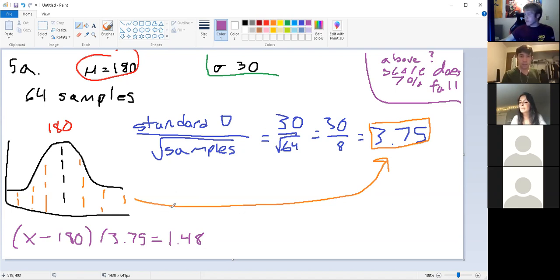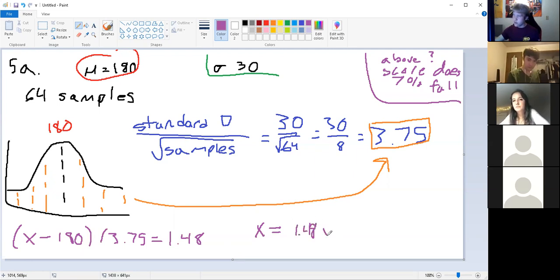So then all you have to do for this is isolate the x. So x is equal to 1.48 times 3.75 plus 180, which is equal to something like 187.5.